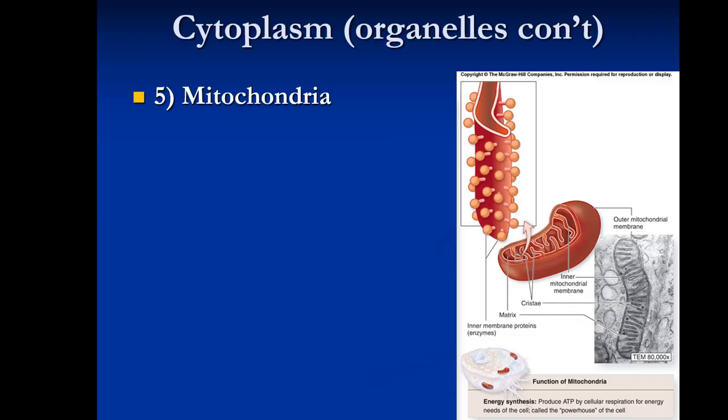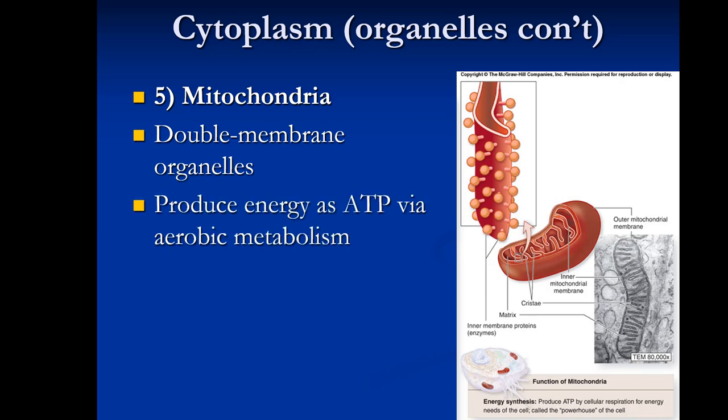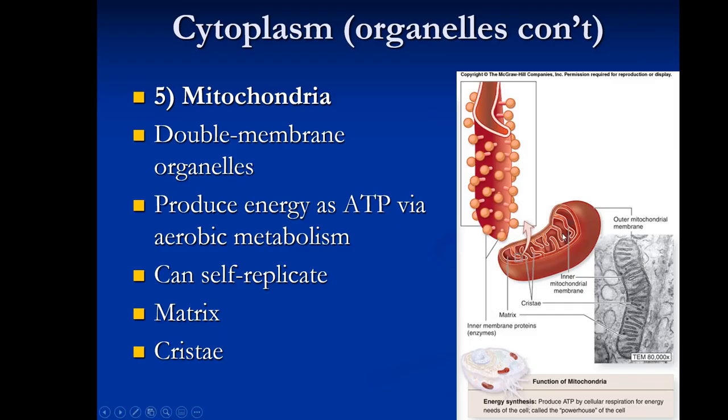One of the more important organelles that cells have are called mitochondria. Mitochondria are commonly referred to as the powerhouses of the cell because they produce tons of ATP, thus they're important for energy. As far as their structure, they're double membrane organelles, kind of like this.